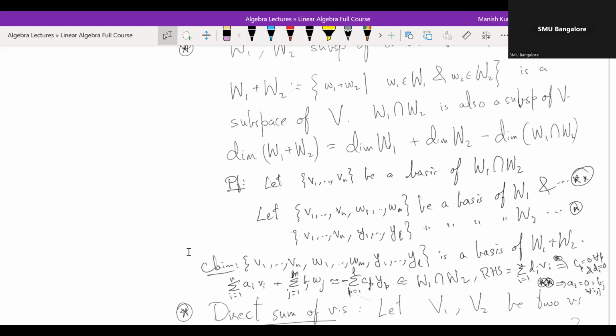So you look at RHS. RHS is in W2. Yes. And what about the left hand side? The left hand side, VI and WJ, is in W1. Both are the same, right? So the left hand side is in W1, but both are the same, so it has to be in both W1 and W2. Yes. Is that okay now? Yes, sir. Thank you.